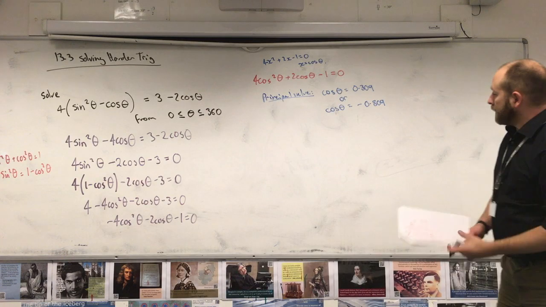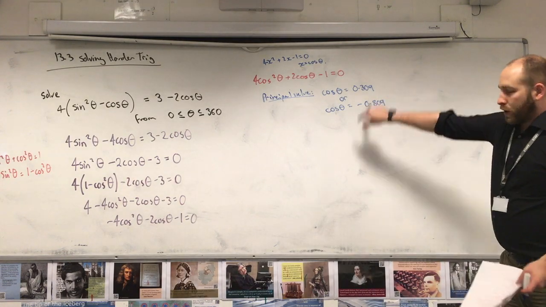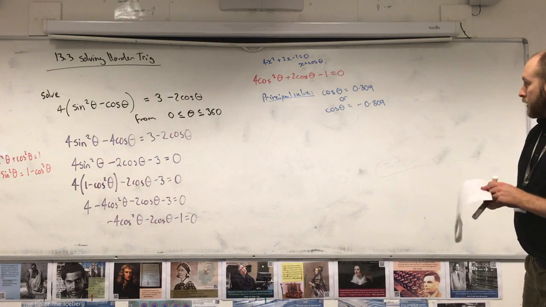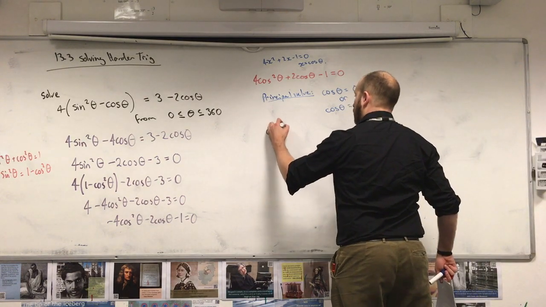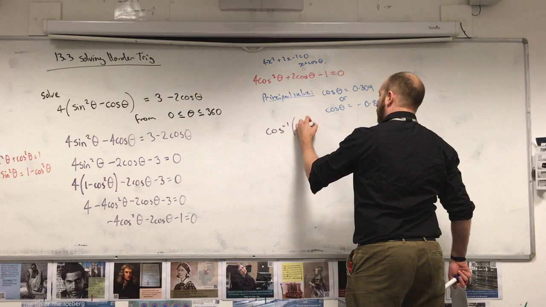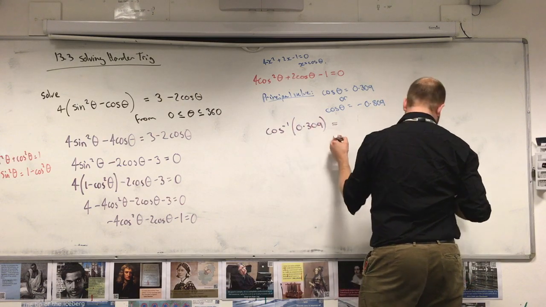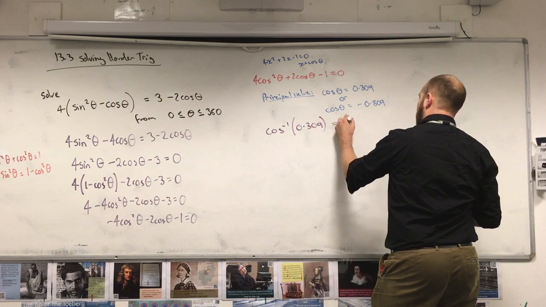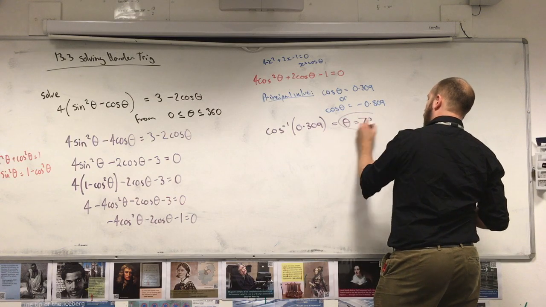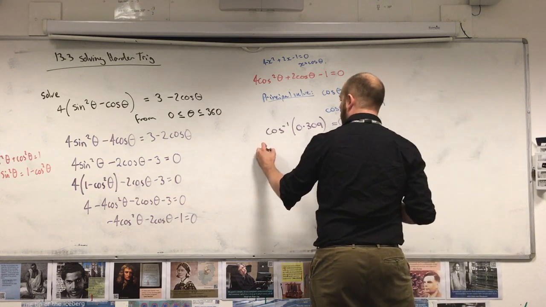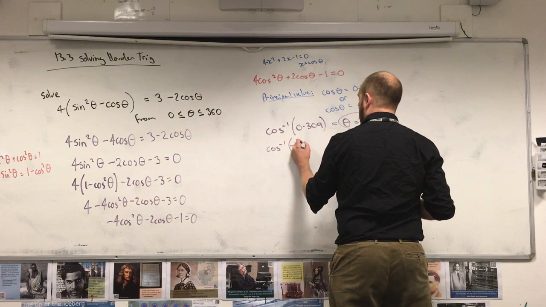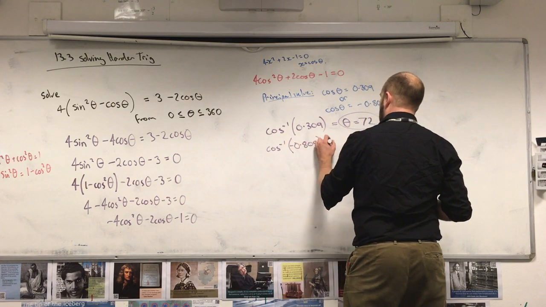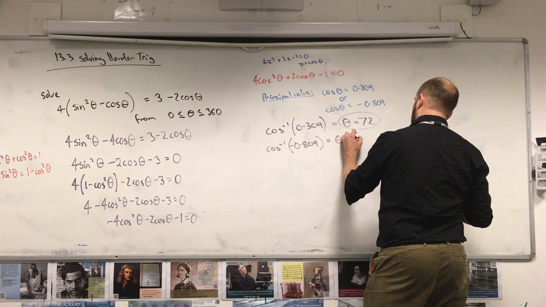So when you solve that quadratic, those are the values you get, which are our 2 cos values. So we need to find what angle those relate to. So if we do cos to the minus 1 of 0.309, we get theta equals 72. So that's one of our principal values. And the other one, cos to the minus 1 of minus 0.809, gives us theta equals 144.